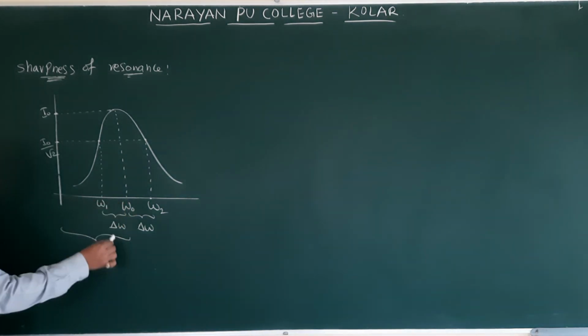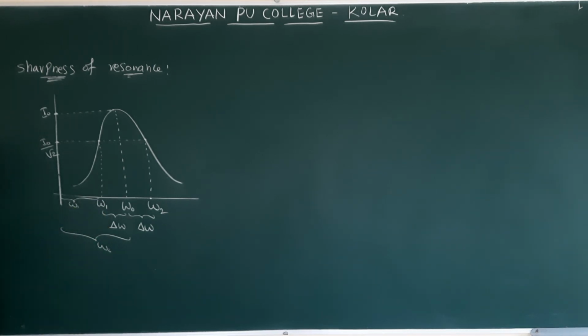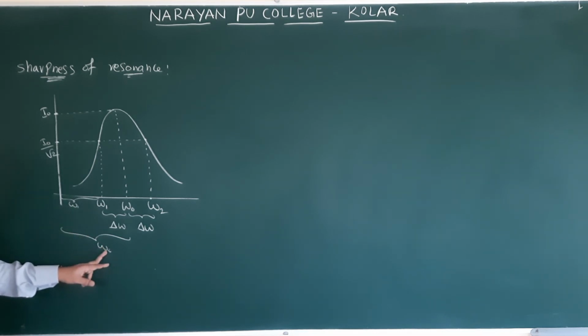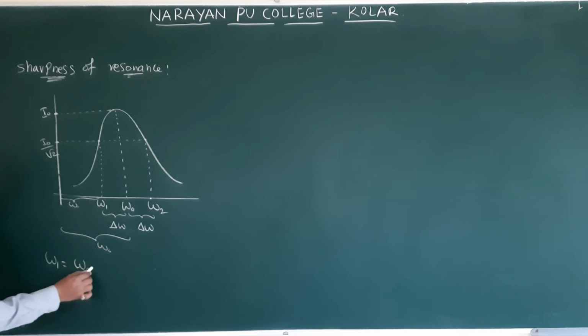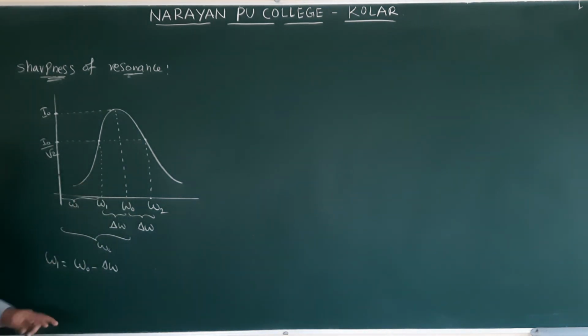From here to here we are taking it as omega naught, from here to here omega 1, so the remaining we are taking it as delta omega. Now, omega 1 is equal to omega naught minus delta omega. Otherwise, omega 1 plus delta omega is equal to omega naught. So omega 1 is equal to omega naught minus delta omega.